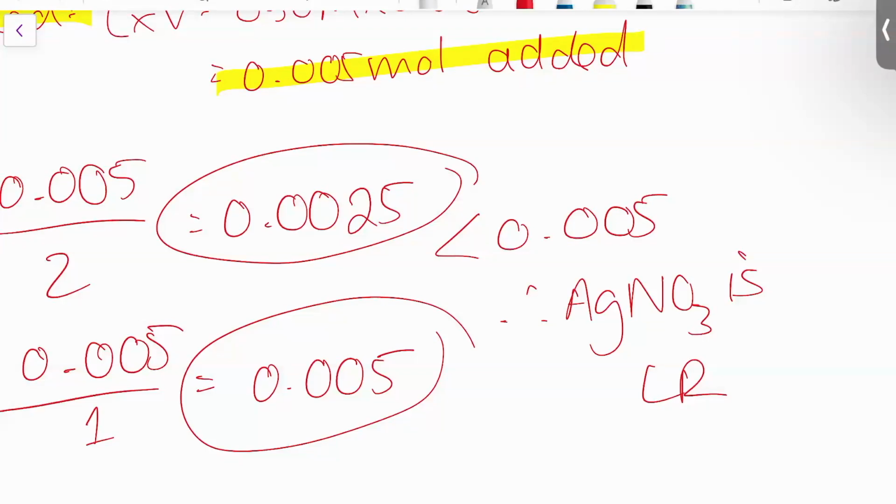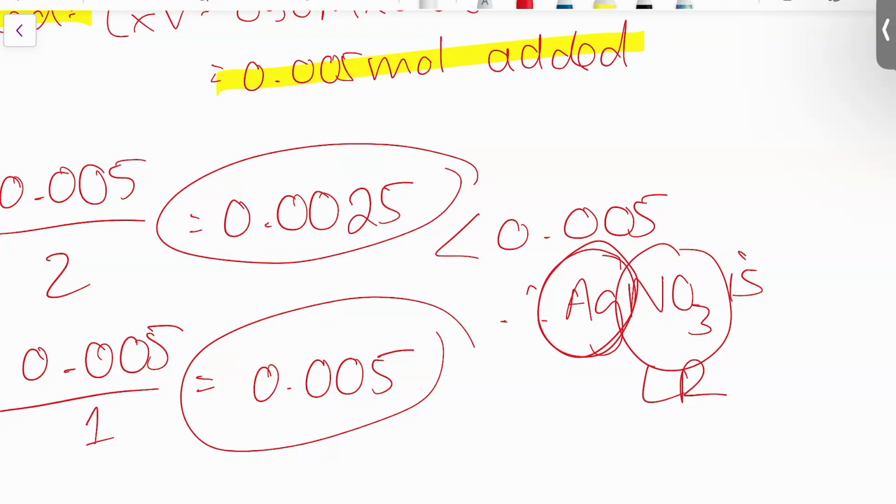Nitrate, we know, stays aqueous because it doesn't participate in the reaction. It just stays aqueous the whole time. But we identified that silver nitrate is the limiting reagent. The silver component that gets precipitated, if it's the limiting reagent, if all of the silver that you added turns into solid form, that's by definition what limiting reagent means.